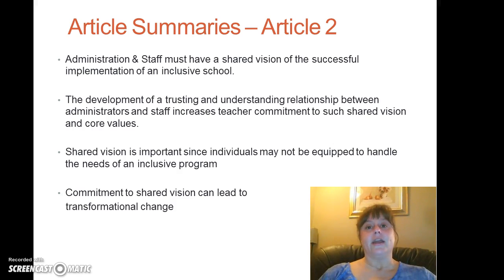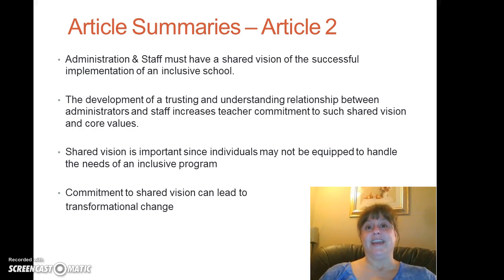If there's not a strong relationship and a strong trust between administrators and the teachers that work under them, it will be very difficult to achieve a successful school setting, even if it's not an inclusive setting.